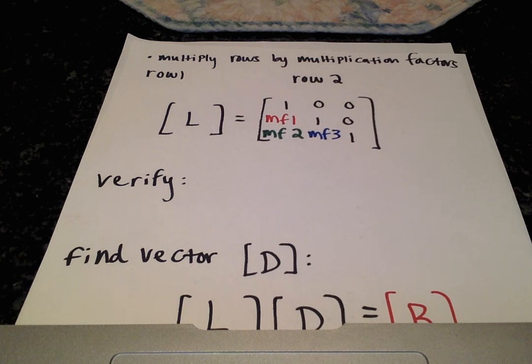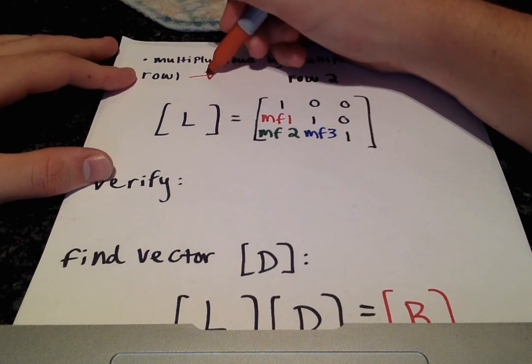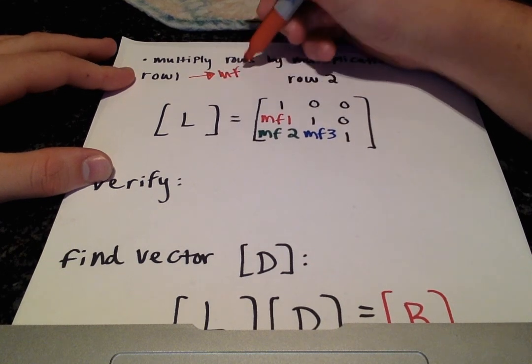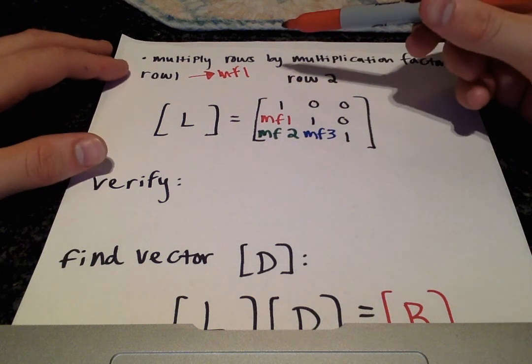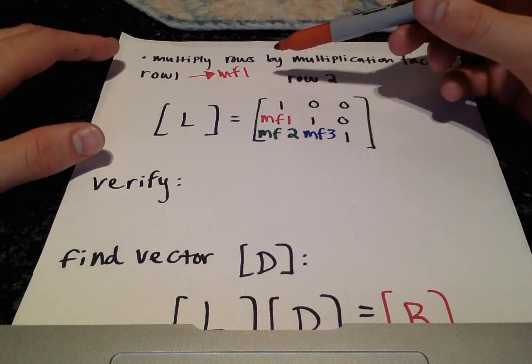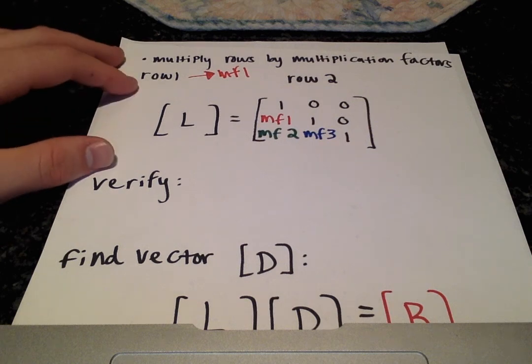What we're going to do is multiply row 1 by your first multiplication factor, MF1, and that's going to cancel out the first term in the second row of the A matrix.